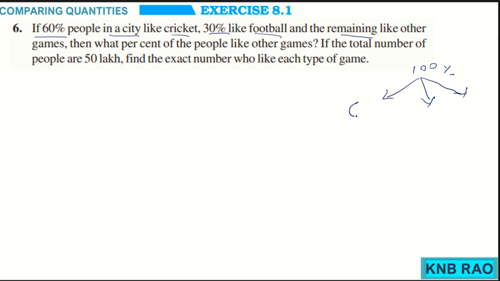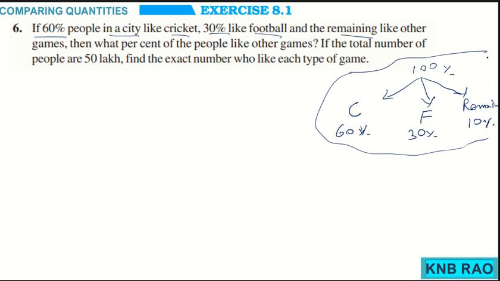That is first cricket, another football, and third is remaining. So 100 minus total 60 and 30 is 90, 100 minus 90 gives 10% is the people who like remaining games. So if once you start orally thinking this, these questions will become very easy.